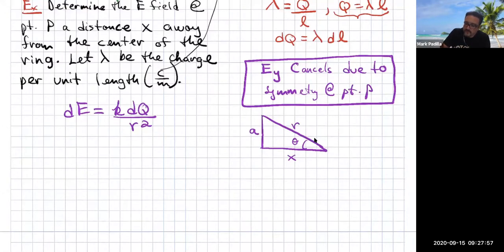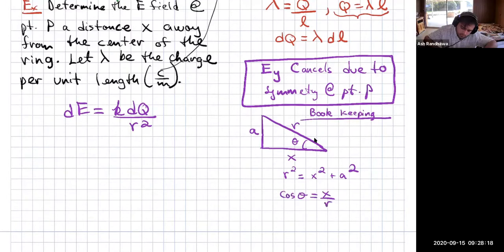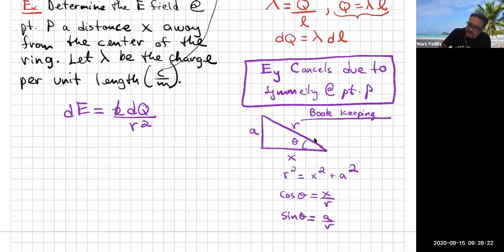I'm going to write my functions down for that triangle. The first one would be r squared is equal to x squared plus a squared. And then I'm going to also write my trig functions. This is the bookkeeping that you need to do. Cosine theta is x over r. Sine theta is a over r.